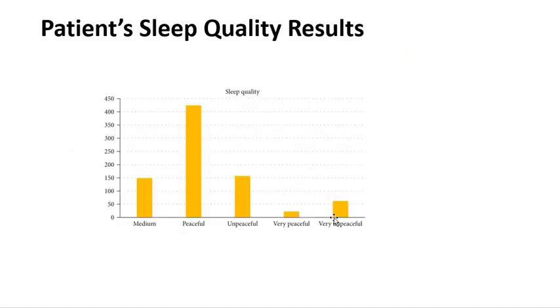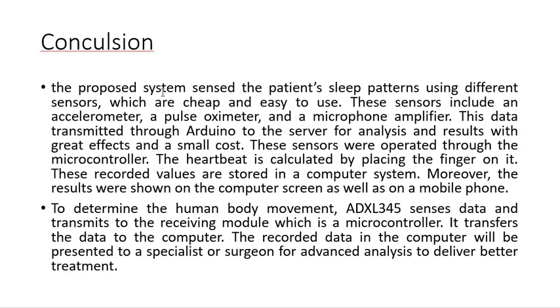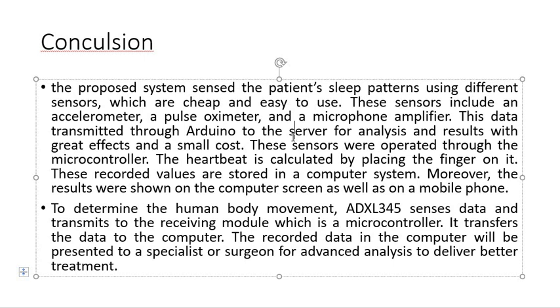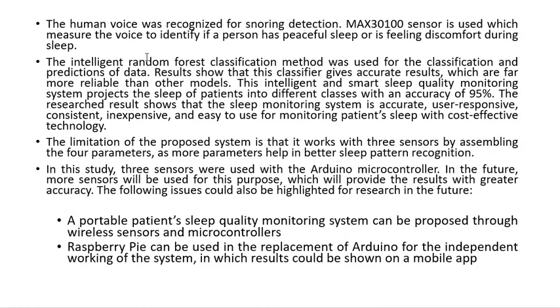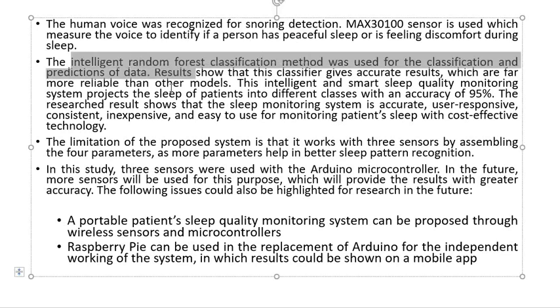By using this analysis, we can see whether the patient is good at sleeping or not. In conclusion, we can say that it is very cheap and useful, and we have many different sensors. Moreover, the computer system is the most robust system, and it is used in many applications. Although the random forest classifier method has the highest amount of classification, it is the most robust classifier.